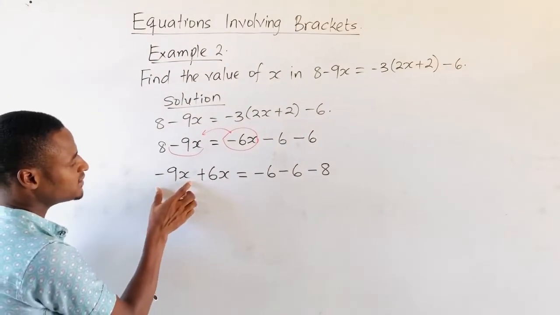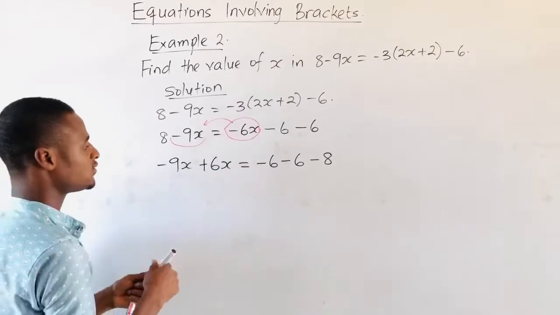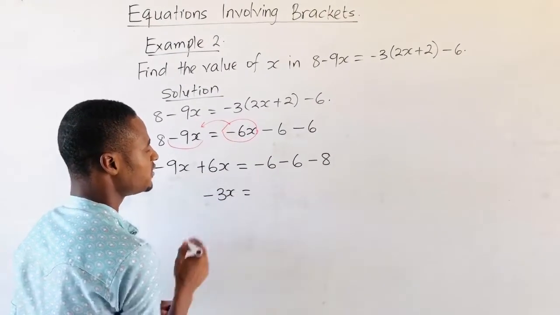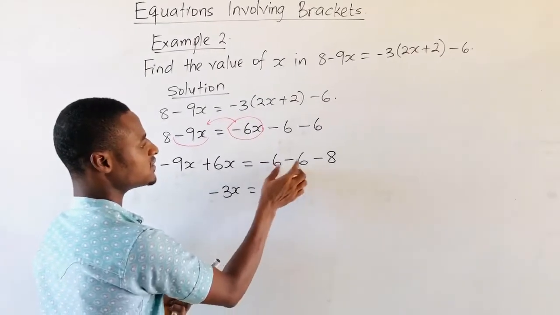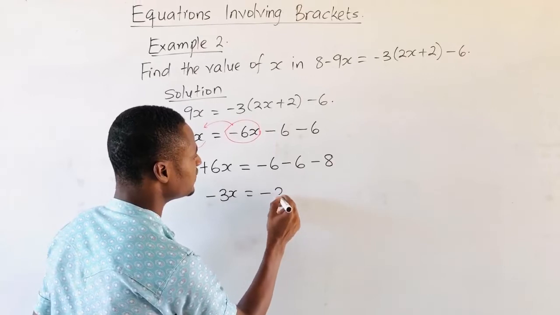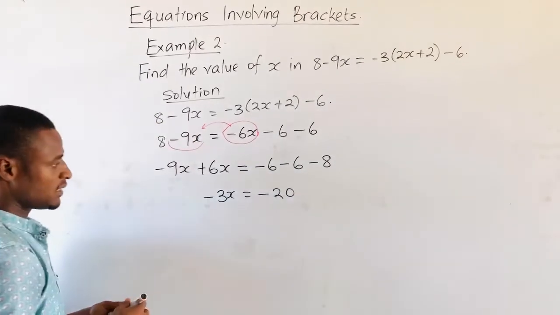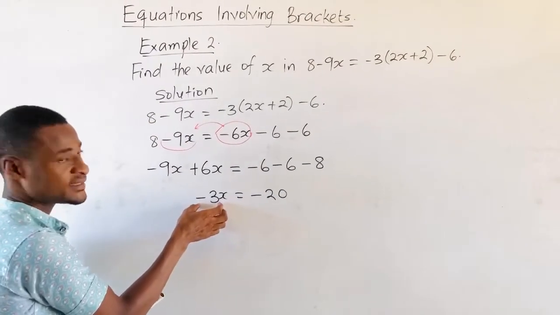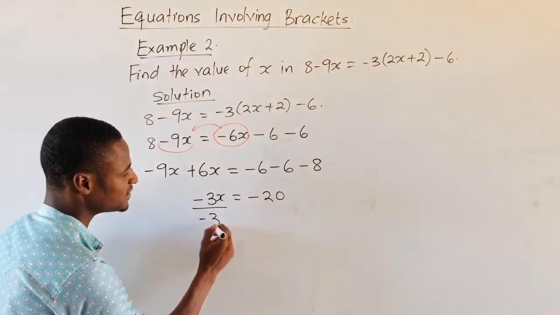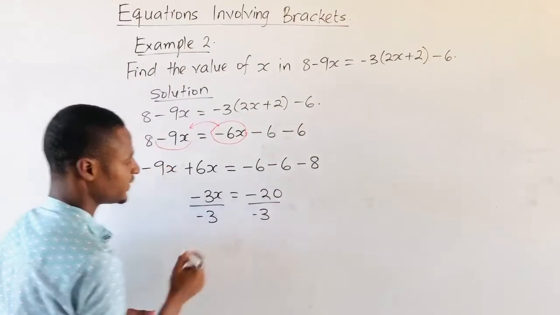Negative 9x plus 6x will give us negative 3x, and that will be equal to negative 6 minus 8, which will give us negative 14. Since negative 3 is the coefficient of x, we will divide both sides by negative 3.